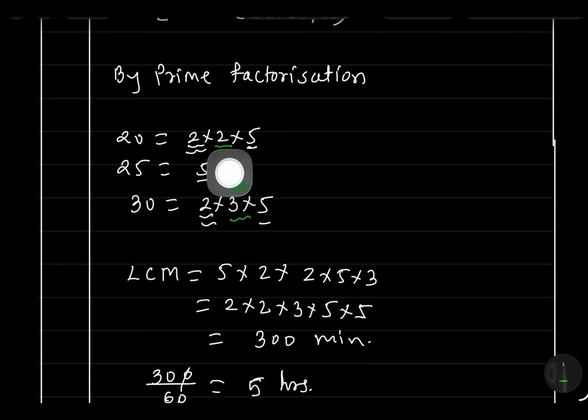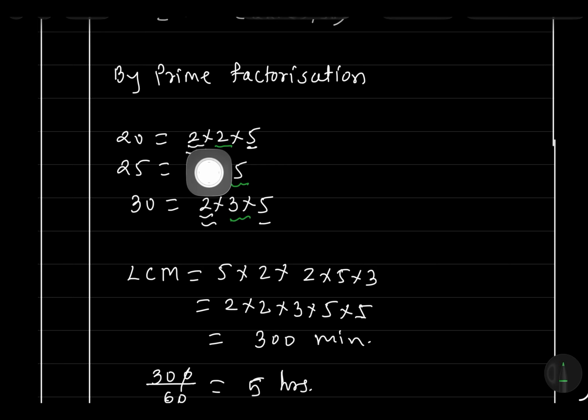If 3 numbers are there for LCM, first we have to see the number common in all 3. So 2 is here, 2 is not there, but here again 2 is there. 3 is not here, 3 is not here. So here we check 5 is common in all 3. This 5 is written.